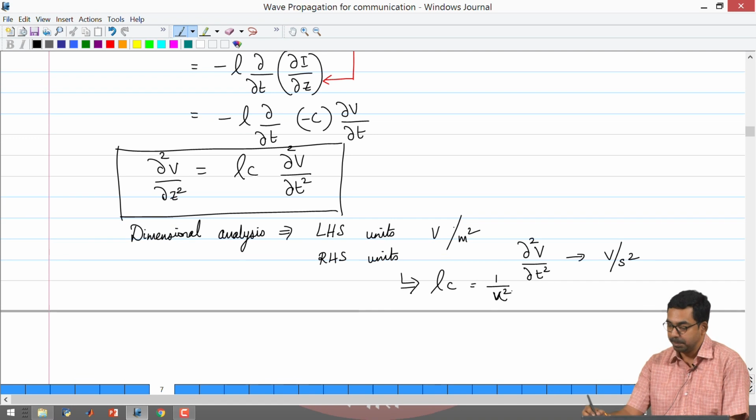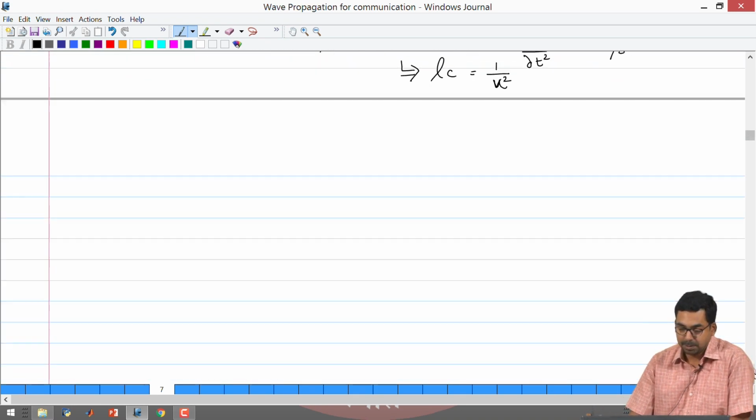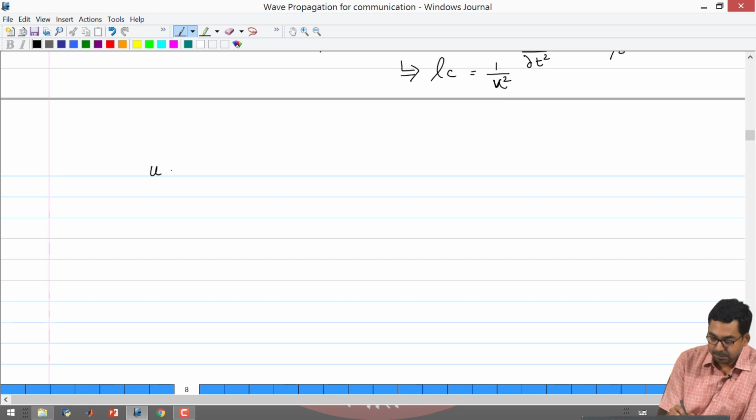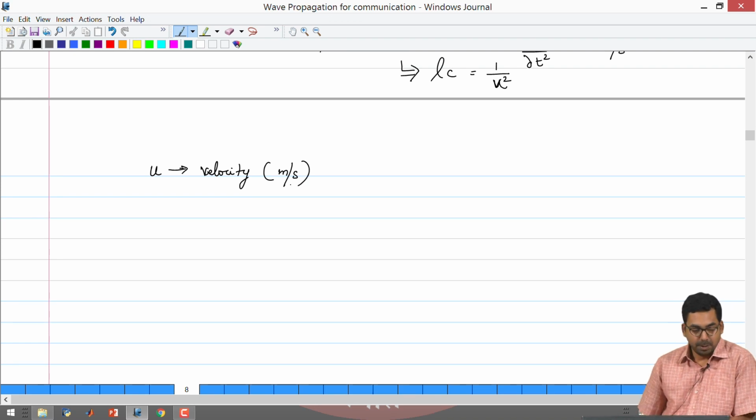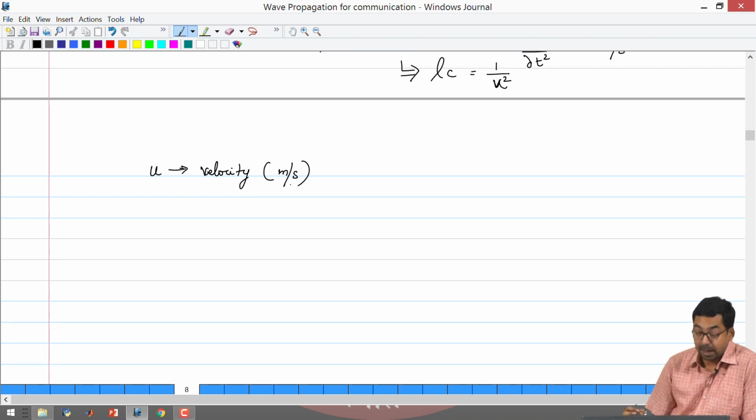Otherwise, V and V will become confusing. So, where u is the velocity, I will just go to the next page. And it has the units of meters per second.